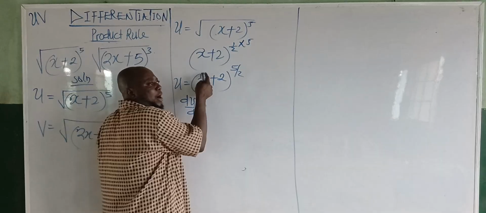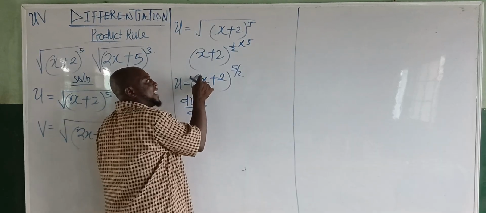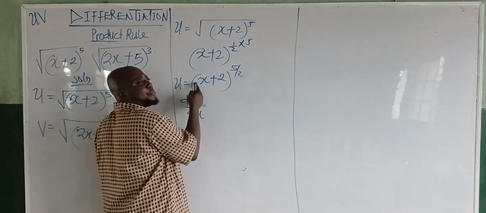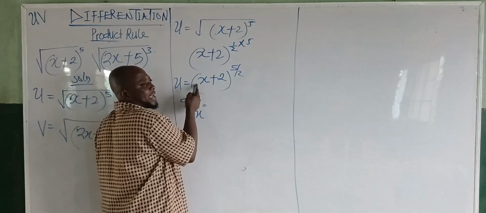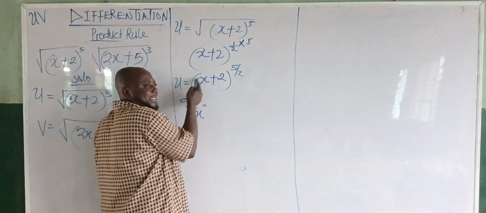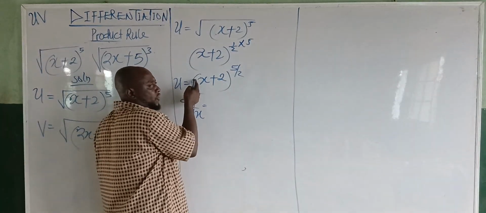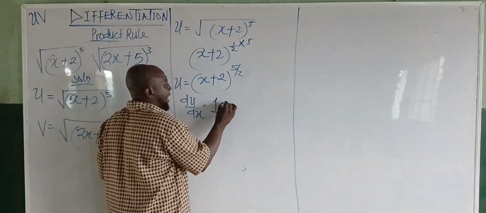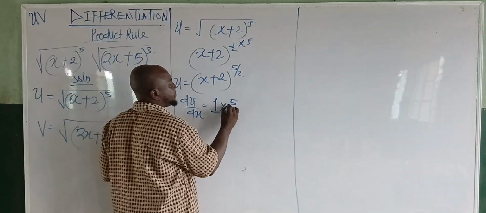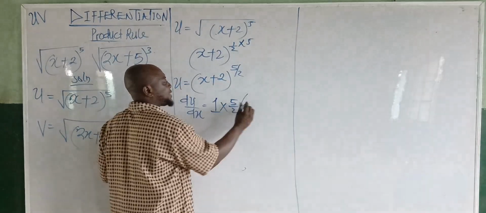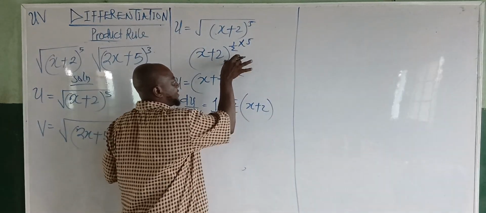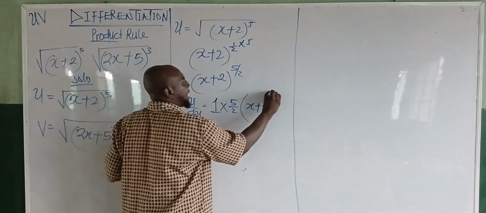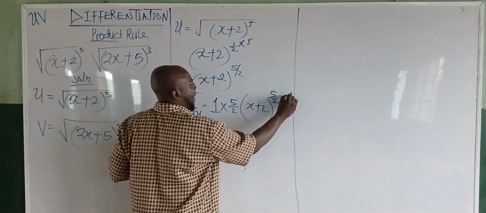If this is having power 1, I can differentiate it by carrying the coefficient of x here. Because this is power 1, take the coefficient. The coefficient of x here is 1. Next, I will multiply it by this power. Next, repeat the power outside the bracket and then remove 1.